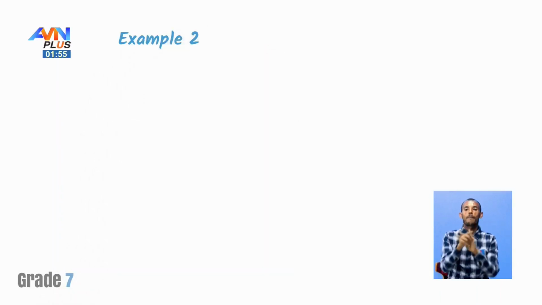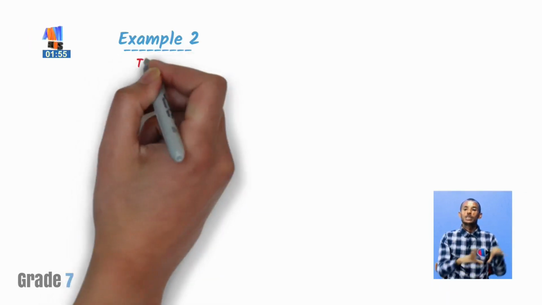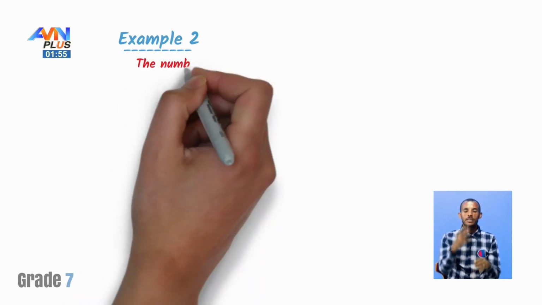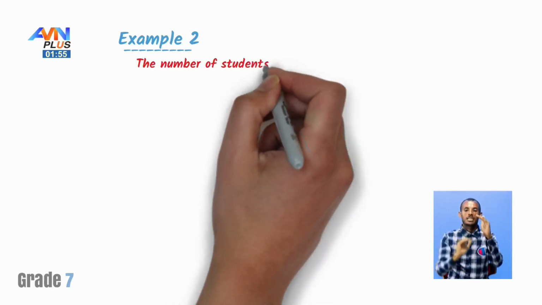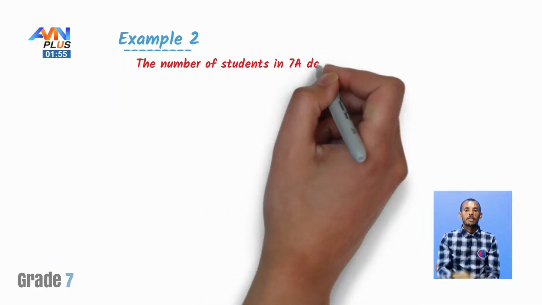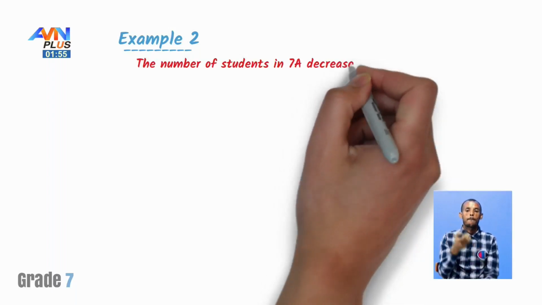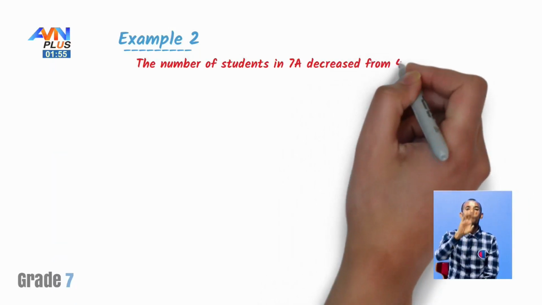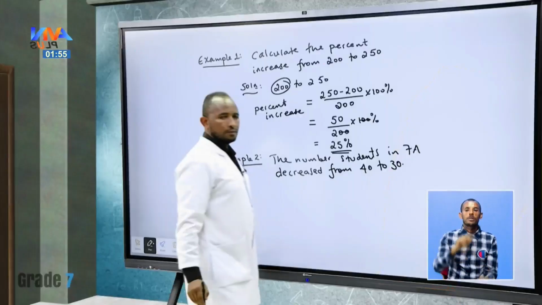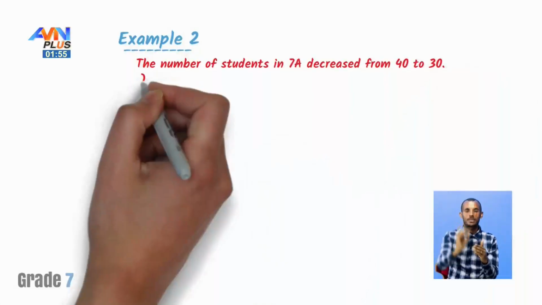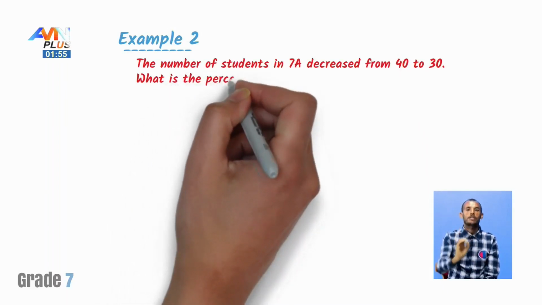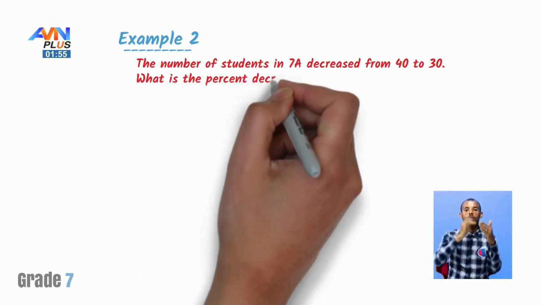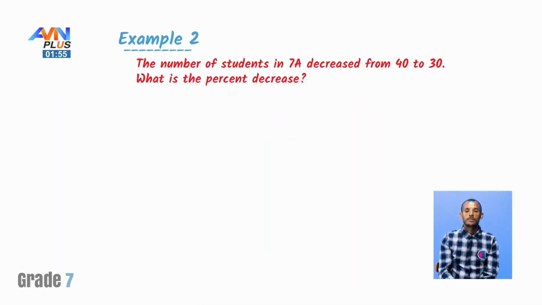Example 2. The number of students in 7A decreased from 40 to 30. What is the percent decrease? Please, students, try this question.